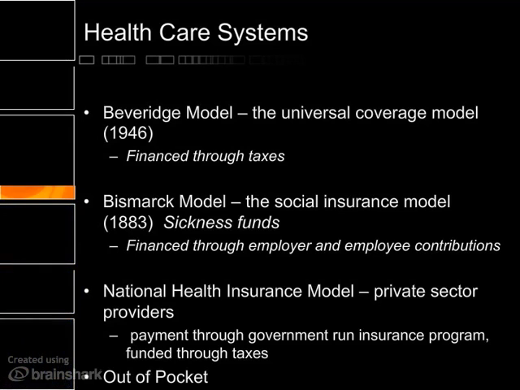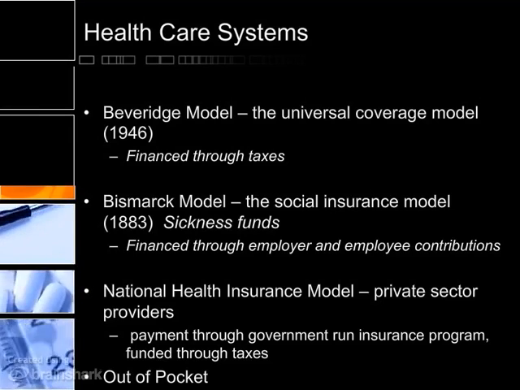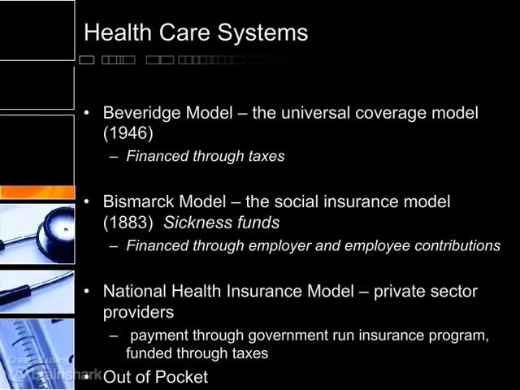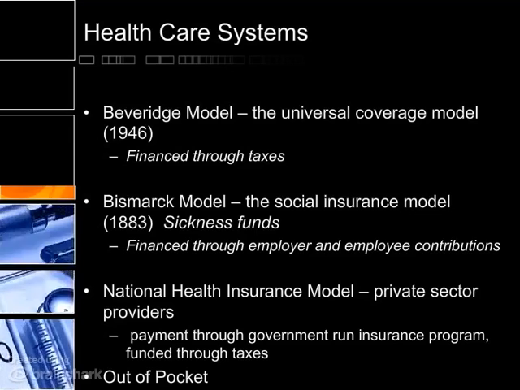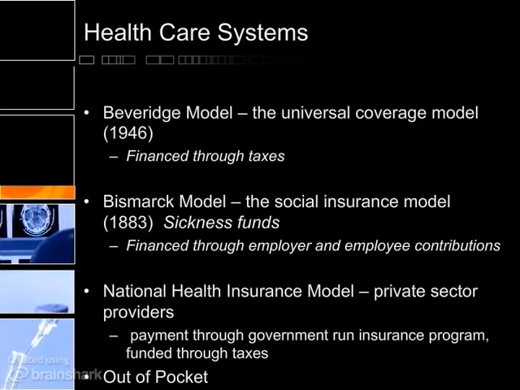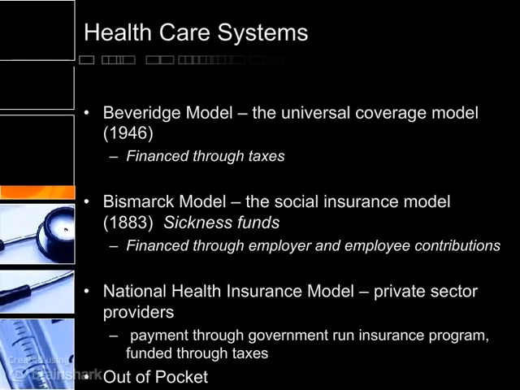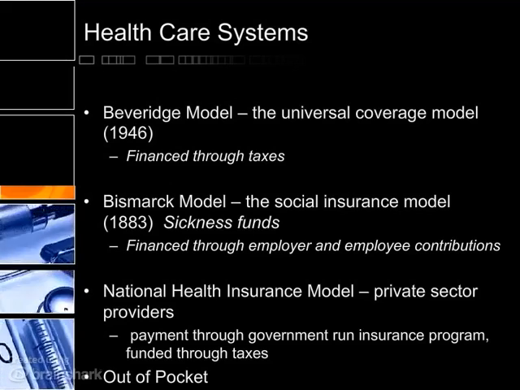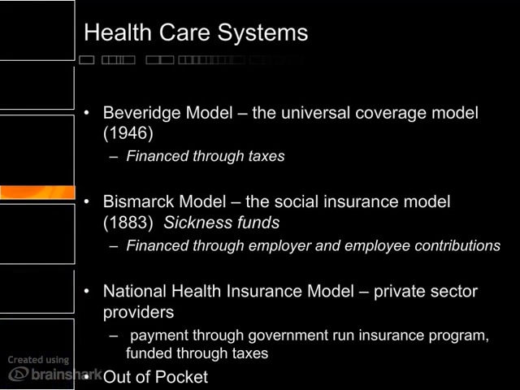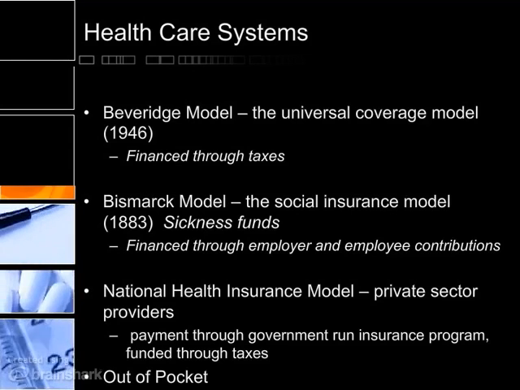The Bismarck model was originally called the sickness funds, in that it was financed originally through employer and employee contributions, sort of matched contributions. And we have that model in the U.S. now, where the employer puts in some of your premium and then we put in the rest to cover our family and so forth.